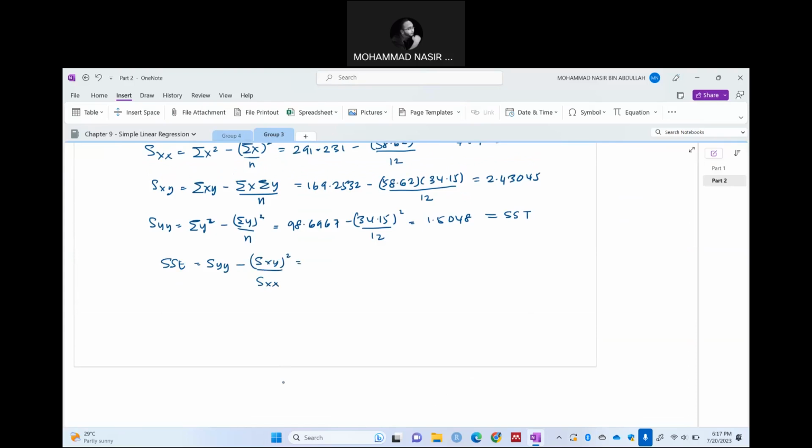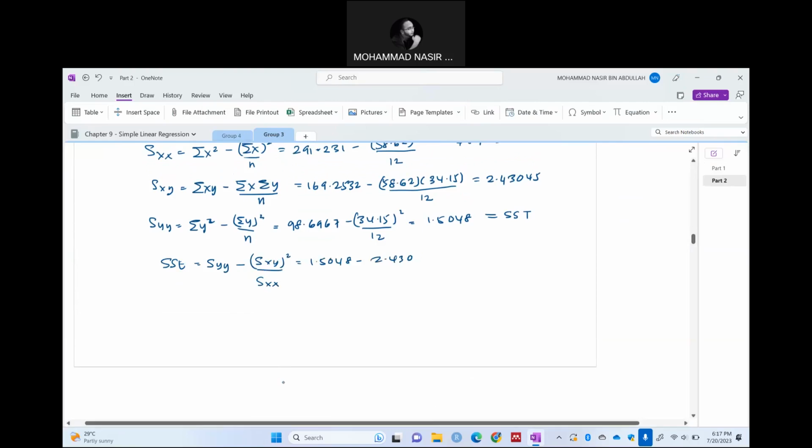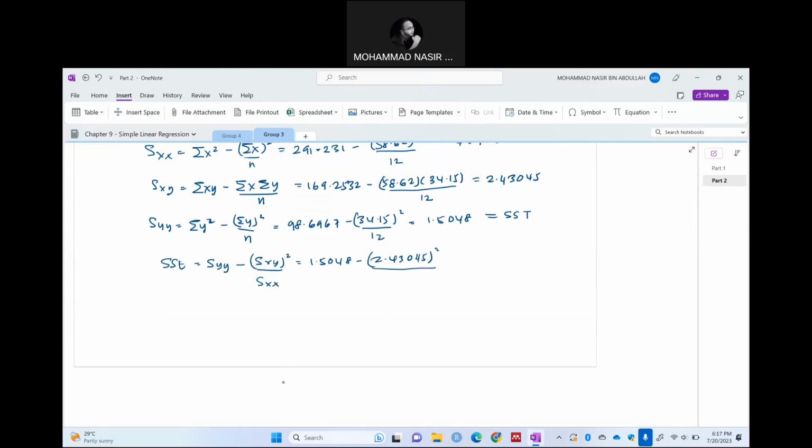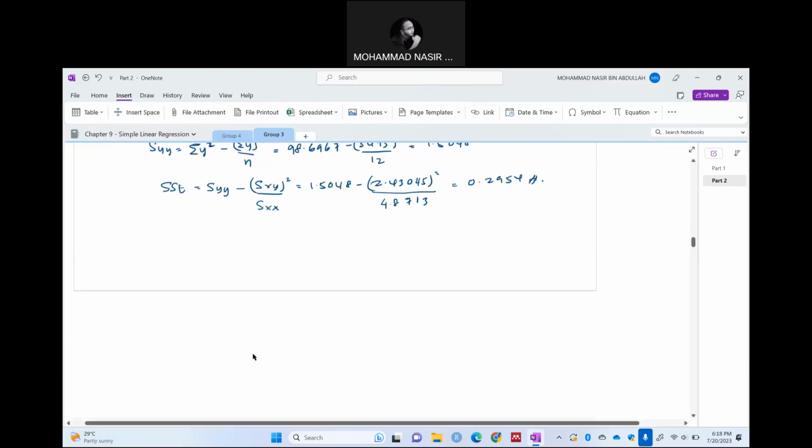So this is 1.5048 minus 2.4305045 square divided by 4.8713. So this is equal to 0.2954. Actually, we already calculated this one last week.